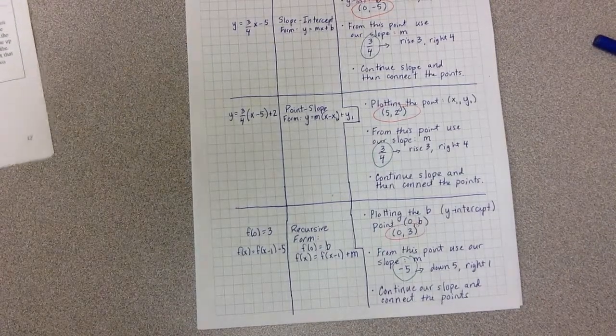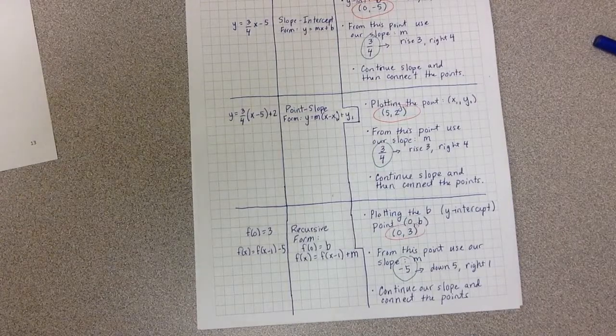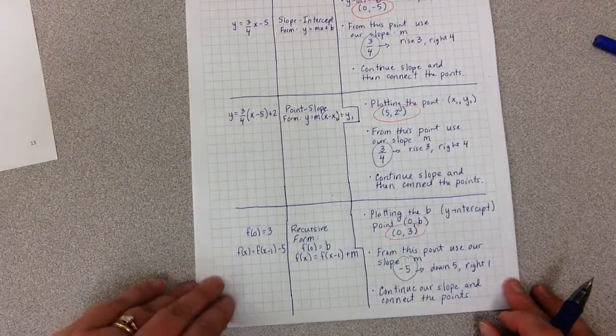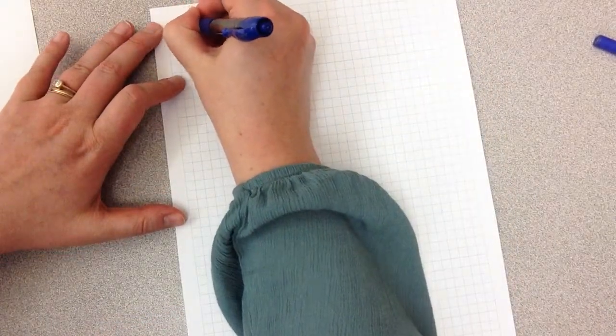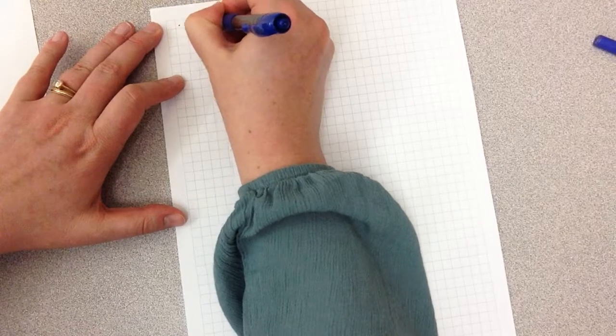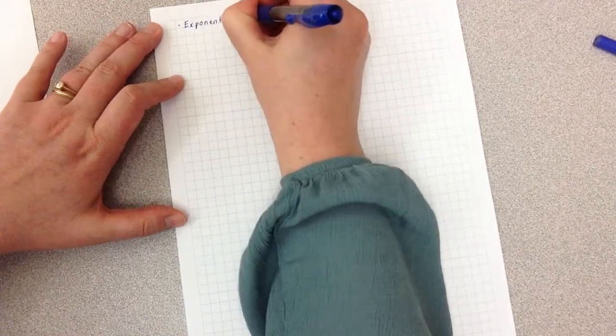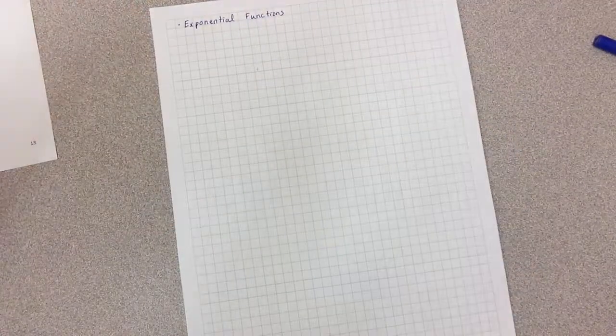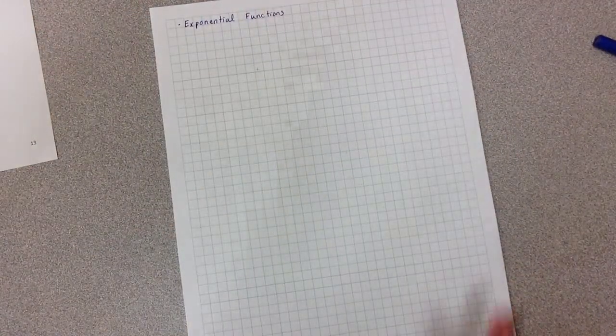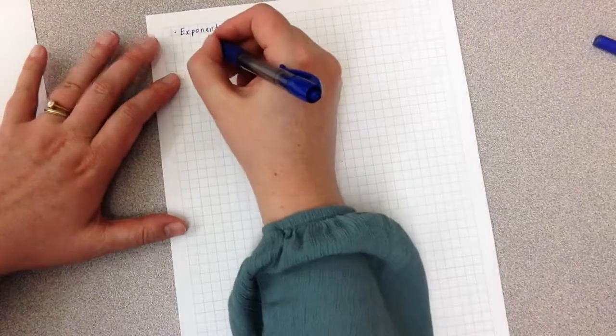The second type of functions that we have seen are the exponential functions. In the exponential functions, the information is given in 2 different forms.